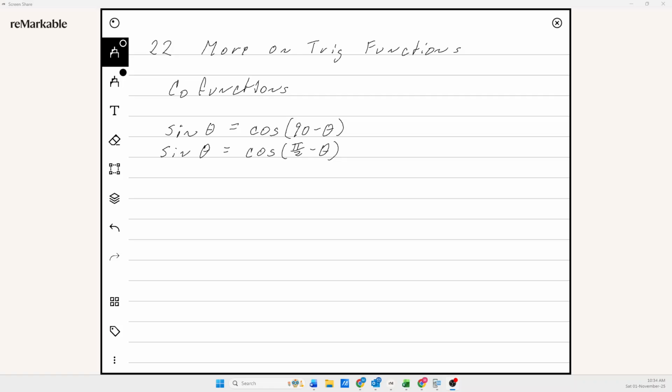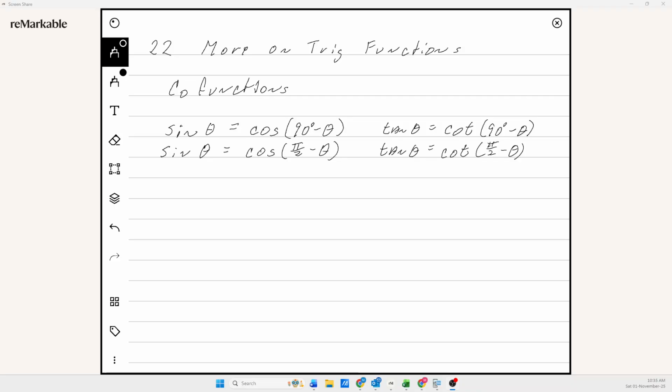And similarly, the tangent of theta is equal to the cotangent of 90 degrees minus theta. Or in radians, it's the cotangent of pi over 2 minus theta. So it doesn't matter whether we're in degrees or radians, the idea is the same.